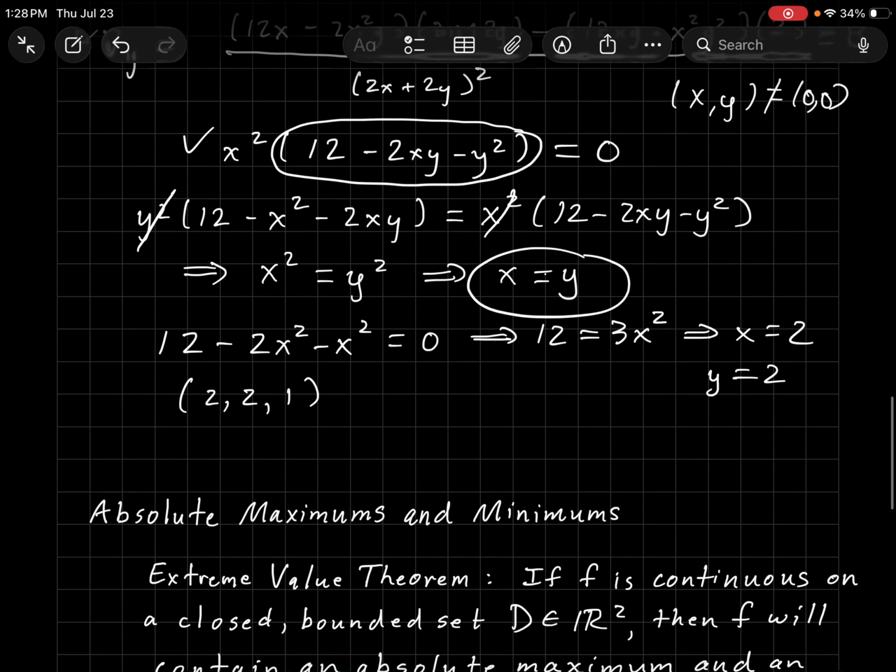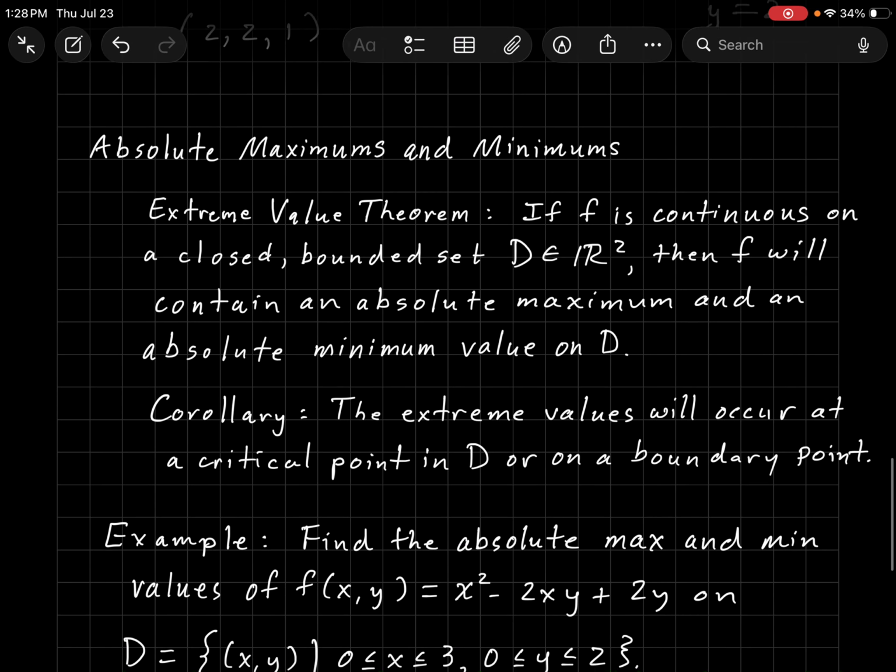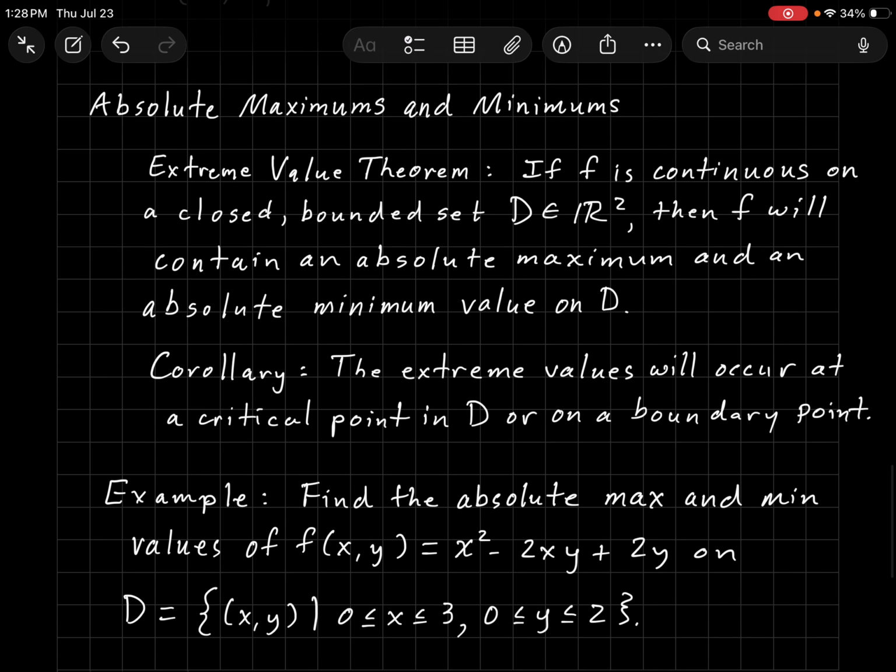All right, let's look at one absolute max and min problem. This is going to be a bit of a long one. Let's start with the extreme value theorem.